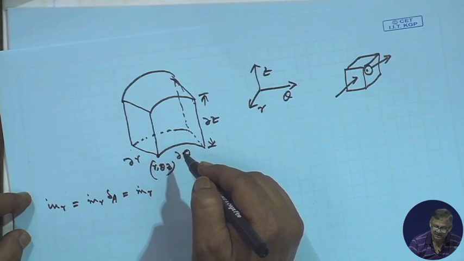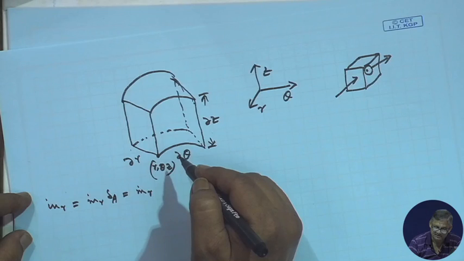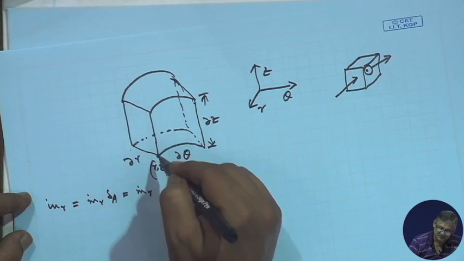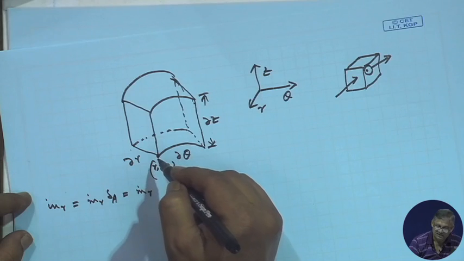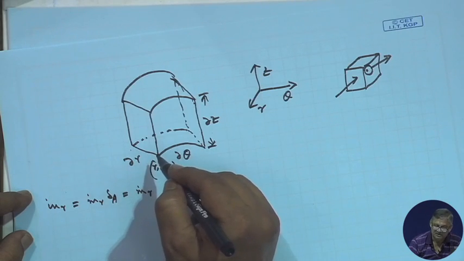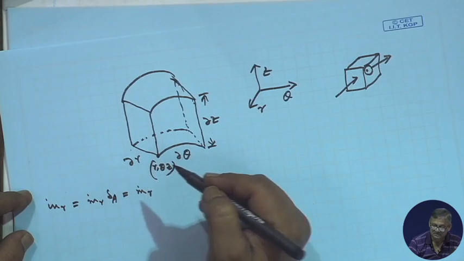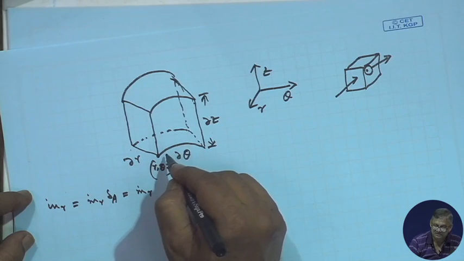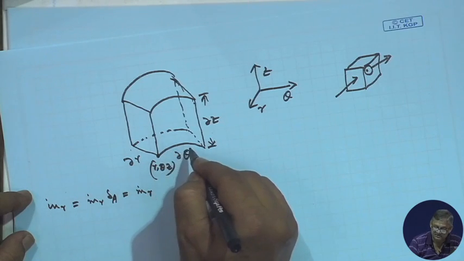The area is r del theta del z. So del z is this, and this one will be r plus del r, but this is theta plus del theta.